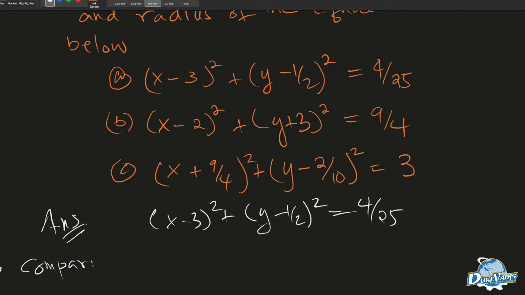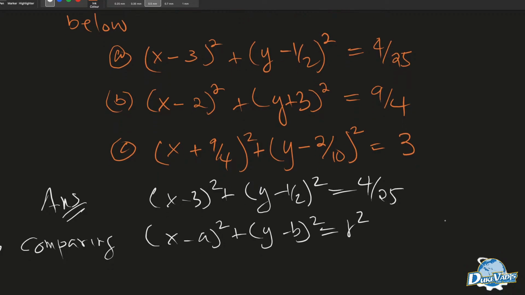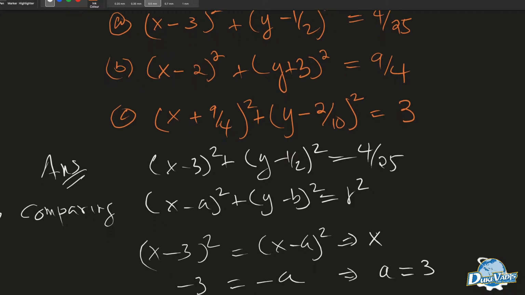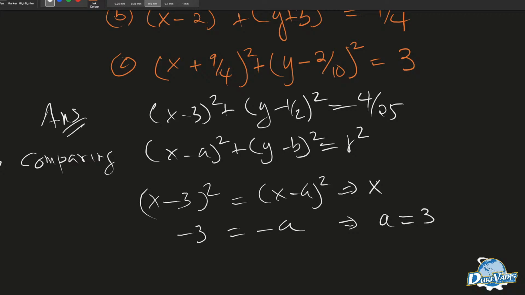By comparing our equation to x minus a squared plus y minus b squared equals r squared, we say x minus 3 squared equals x minus a squared. Over here we get minus 3 and minus a. So for the x, a will be equal to what? Positive 3.